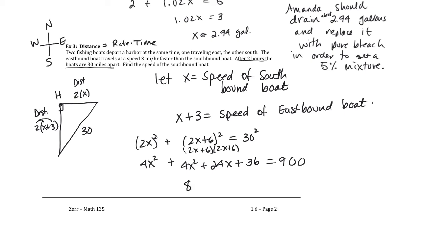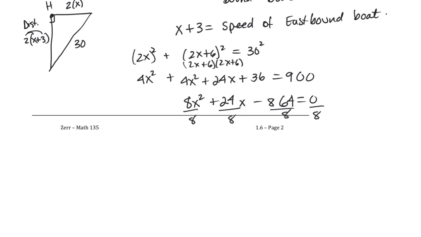Okay, so we would get 8x squared plus 24x, and then subtracting 900 from both sides, we'd get minus 864 equals 0. And all of those are divisible by 8, so I'm just going to divide everything by 8. And that gives me x squared plus 3x minus 108 equals 0.